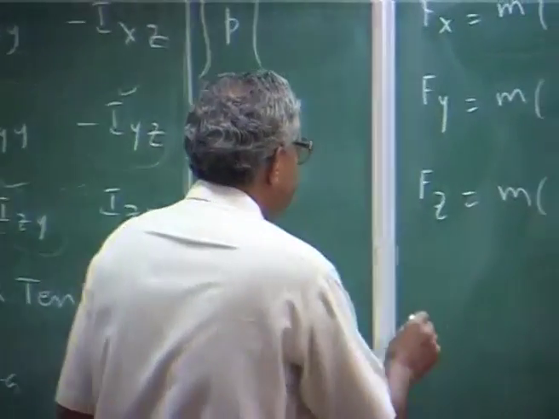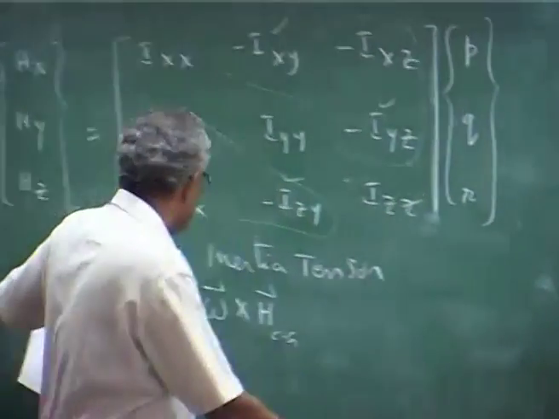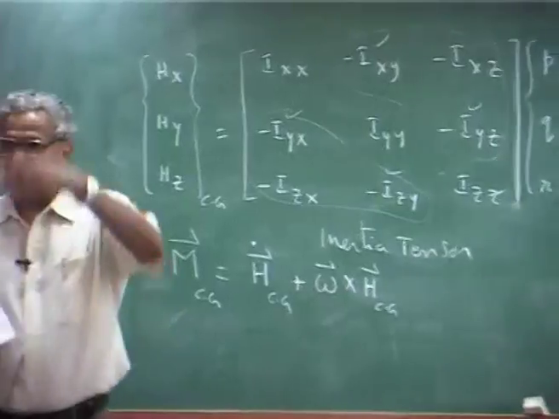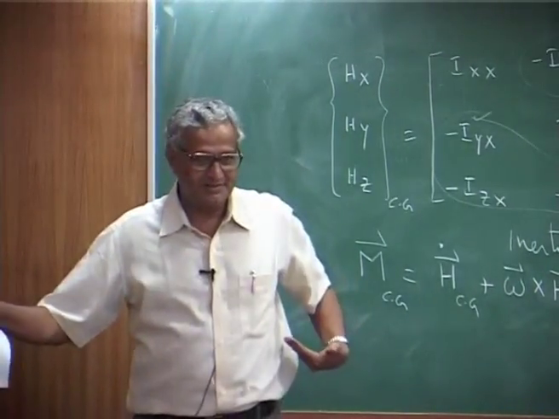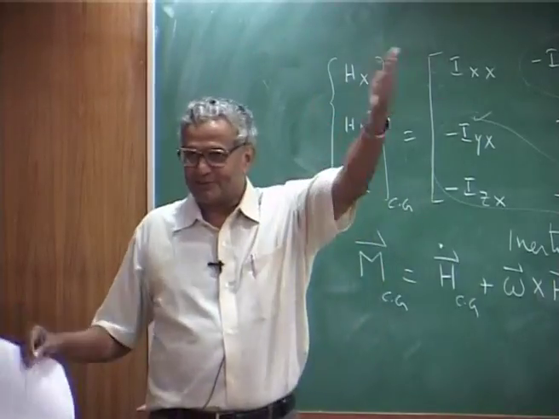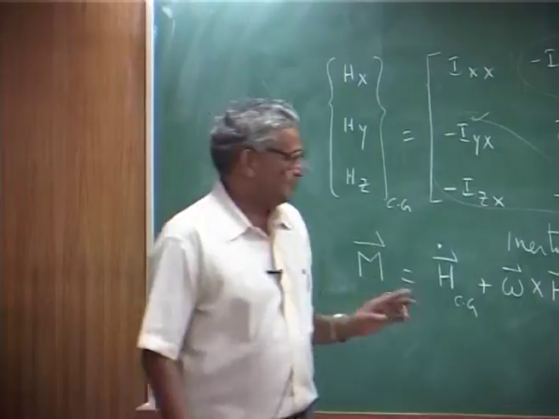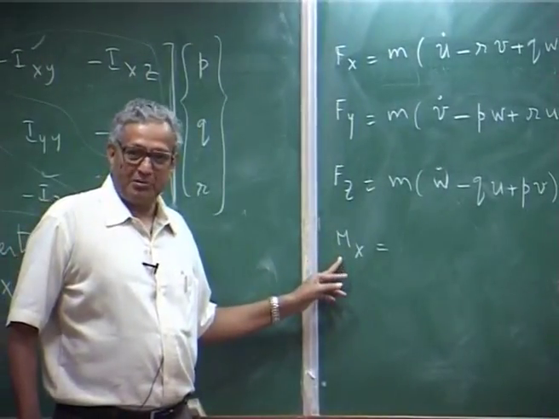So, I will have Mx, the moment of all the loads, that is the rotor loads, tail rotor, horizontal surface, every aerodynamic load, inertia, everything, transferred to the CG. That is along the x direction, the Mx.